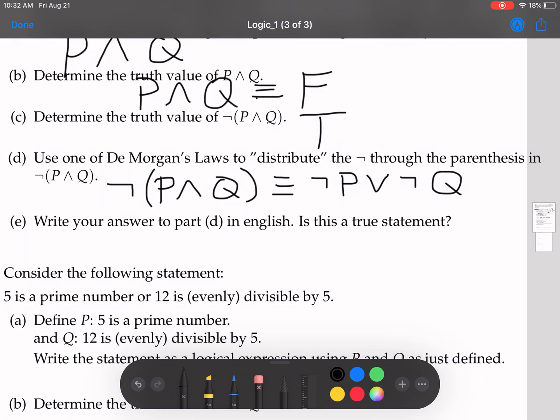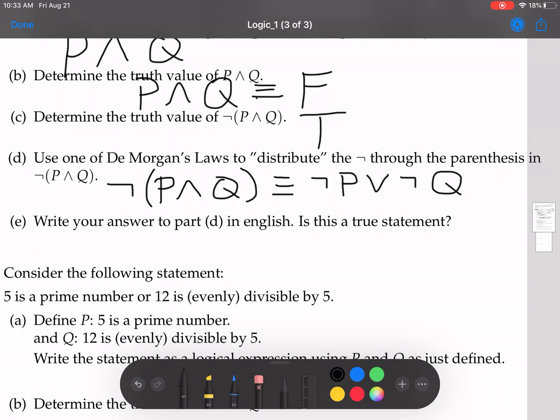I put the evenly in parentheses there because when I taught this class before, I just wrote 12 is divisible by 5. To me, as a mathematician, when I say 12 is divisible by 5, I mean that it goes in evenly. But that confused students, so I put in the evenly. Write your answer to part D in English. Is this a true statement?